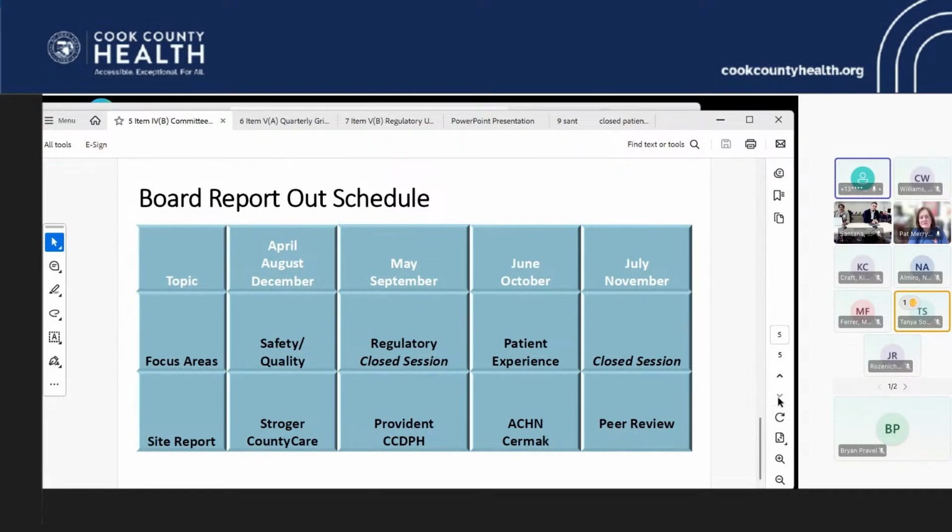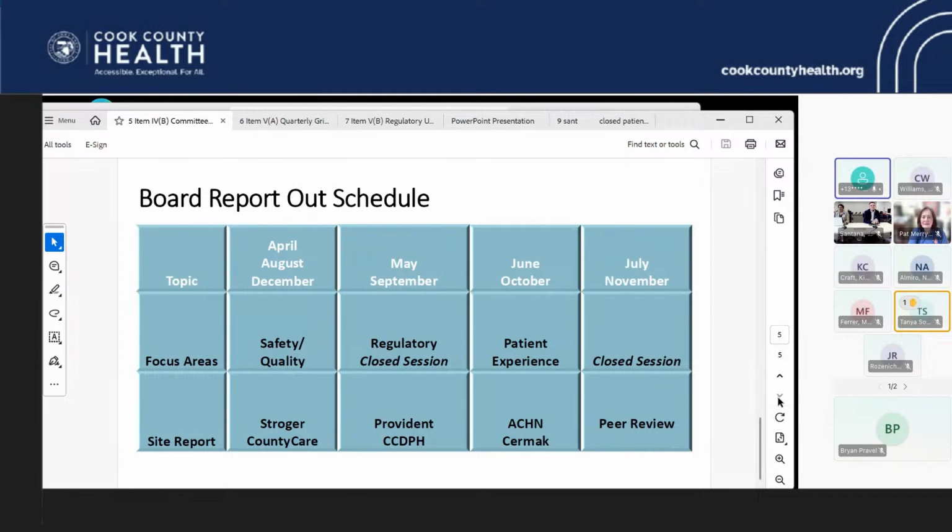By next year, we are hoping there would be one more layer introduced in that committee structure where each of our clinics and units would have their own dashboards and committee structures. So it would also support what nursing has been doing on their end with shared governance. So it's all coming together.